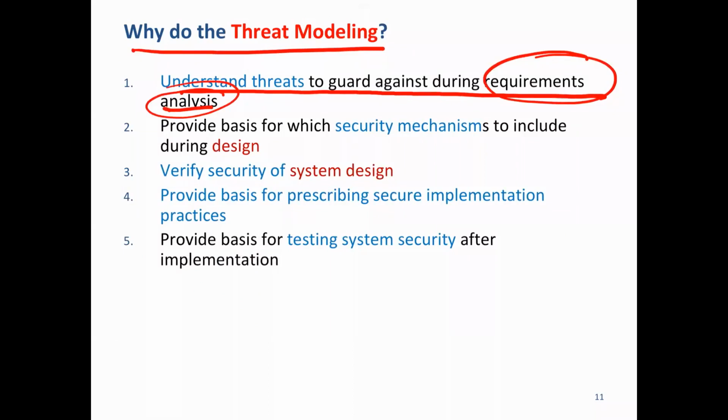In software engineering, suppose a customer gives you a project or a business task. The first thing you do is requirement analysis. Once you receive this business, in requirement analysis you find out what the basic requirements are.